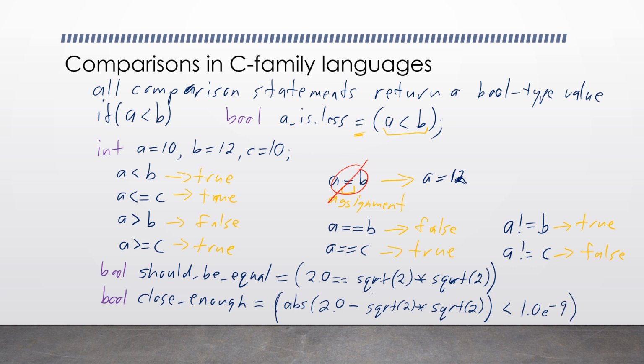Okay? So we're saying with 9 digits of accuracy, we're calling them equal. That's close enough for most engineering approximations, and that will do fine.